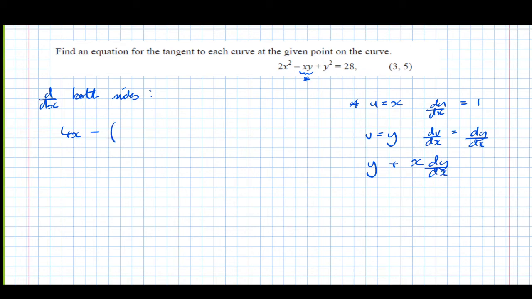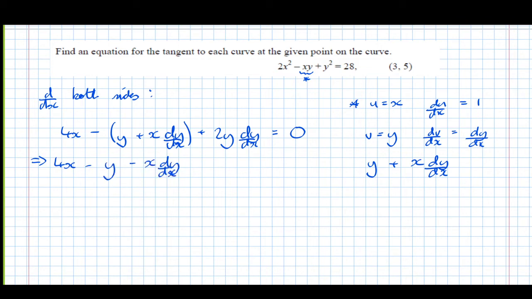So 4x, take away all of that, plus the differential of y squared, which is 2y, and because we're differentiating a y, multiplied by dy by dx, equals not 28. When we differentiate 28, we get 0. So that implies that 4x, take y, take x dy by dx, plus 2y dy by dx equals 0.